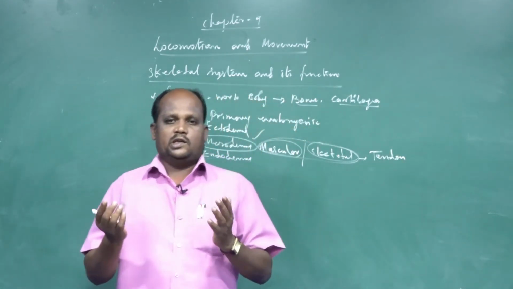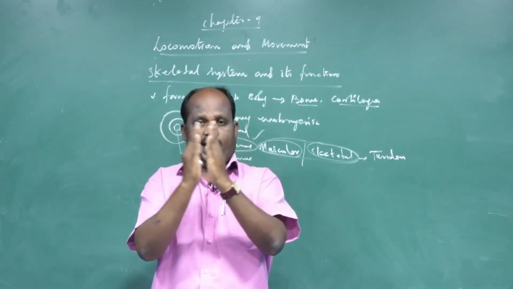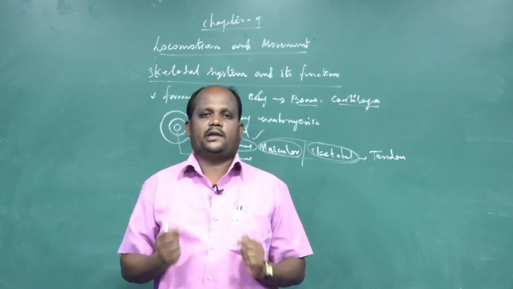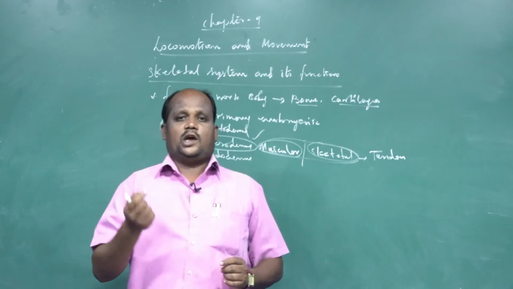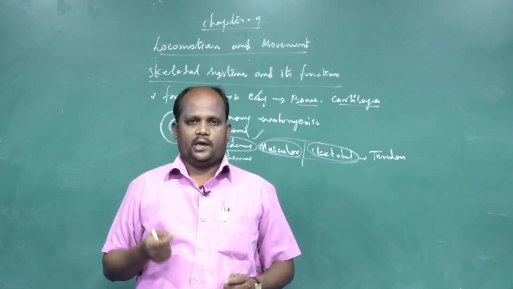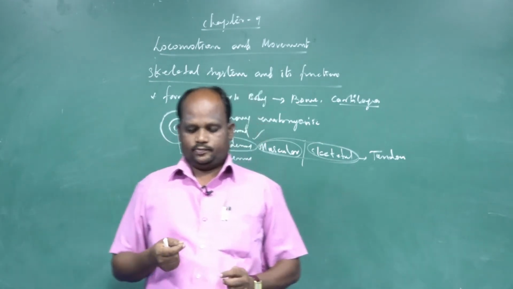In our body, muscles are there, bones are there. Bones and muscles are attached together, and that attachment is called a tendon. The tendon is also involved in the framework of our bodies.